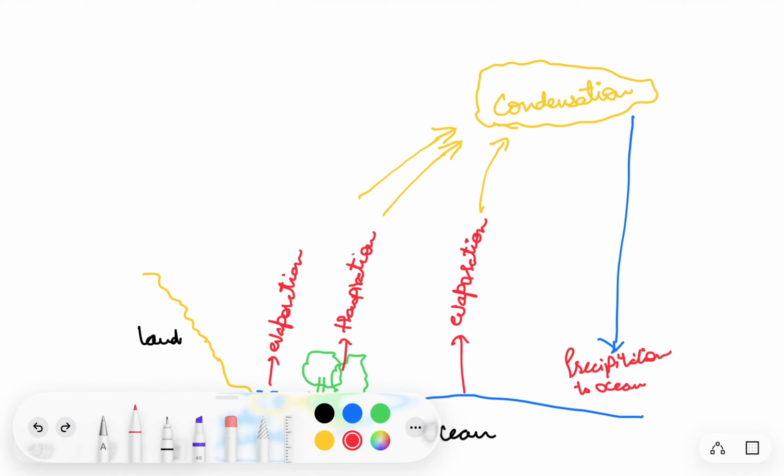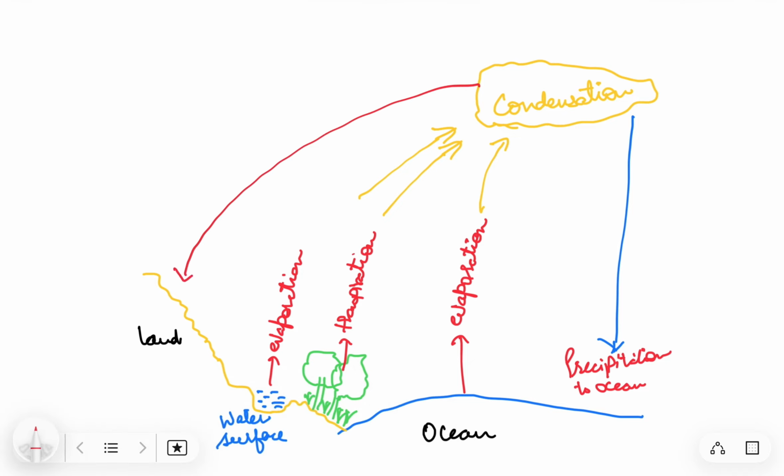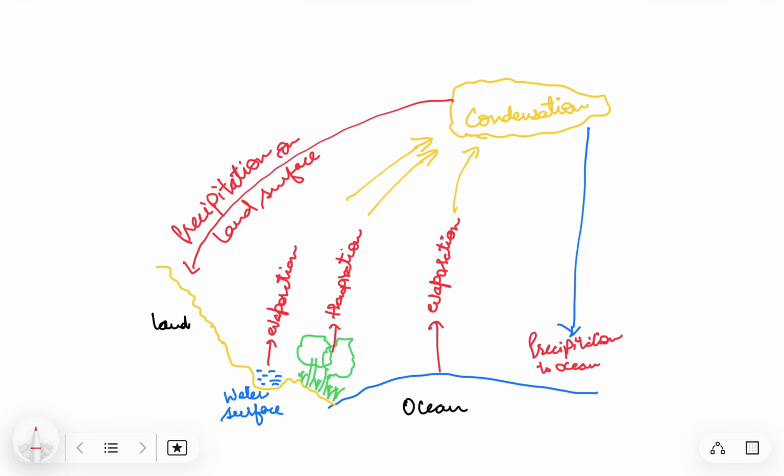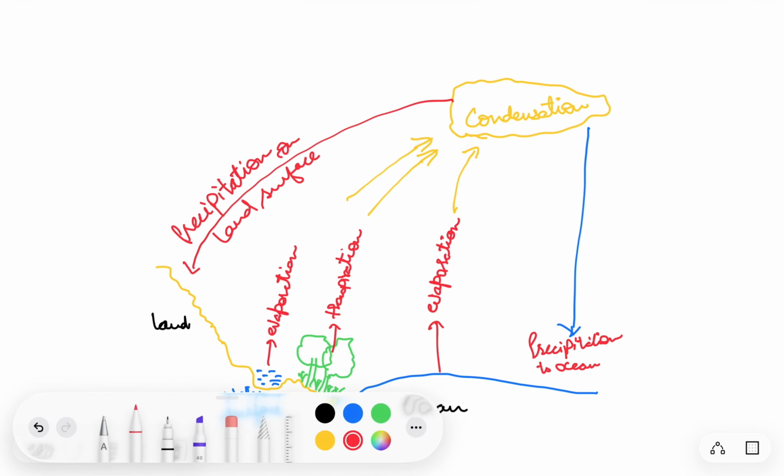And it can also be precipitation on the land surface. This is our hydrological cycle.